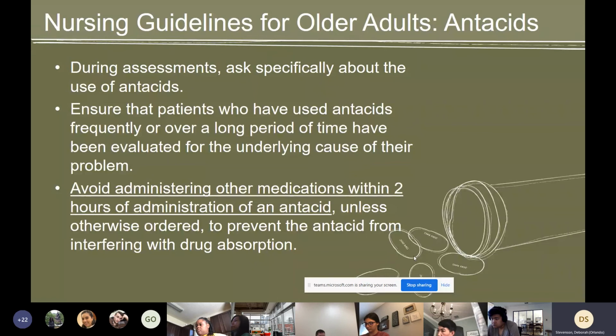Just a reminder, that antacid should not be administered close to other medications. All right, so important to remember that, because the antacid can slow down the absorption of the actual medication. So that's why.